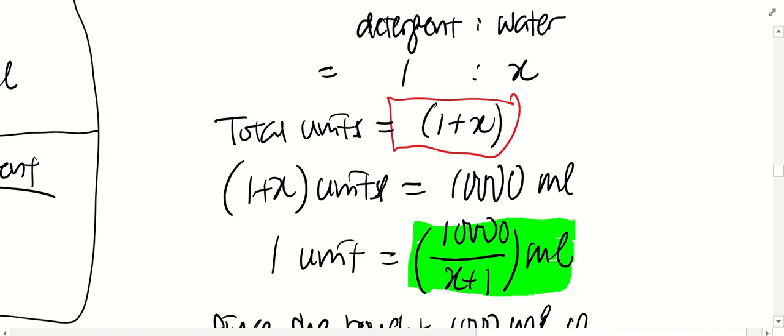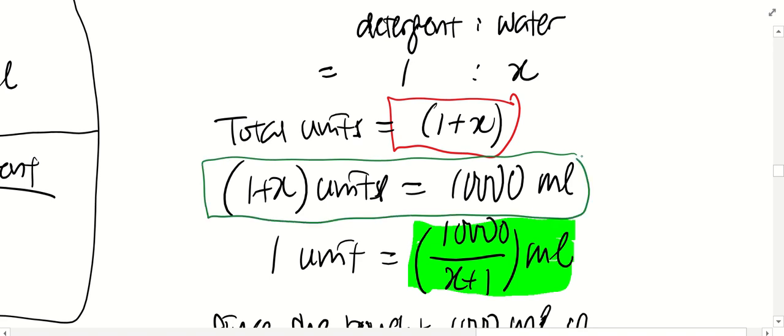Now she wants to make 10 liters, which is equivalent to 10,000 milliliters. So now 1 plus x units will represent 10,000 milliliters. If you're not too sure, you can compare to the previous part, how we did it when she wanted to make 5 liters. The method is the same.